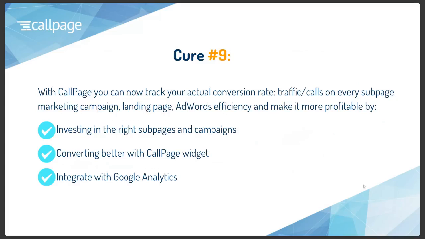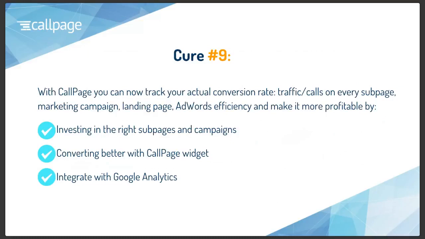So as Kuba said, with our app, you can know where to put your money. Because if you know from which part of your website people are coming from and ordering calls, you know that you can put money there and they will come back to you.